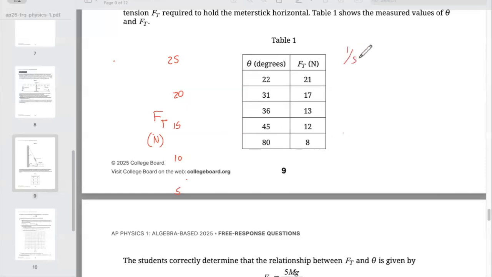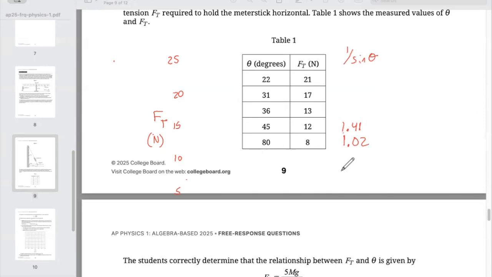All right, so 1 over sine of 80 is going to give you like 1.02. Oh, this is a pain. Sine of 45 is 0.71, I know that already, so then you should get 1.41. It should just be root 2.